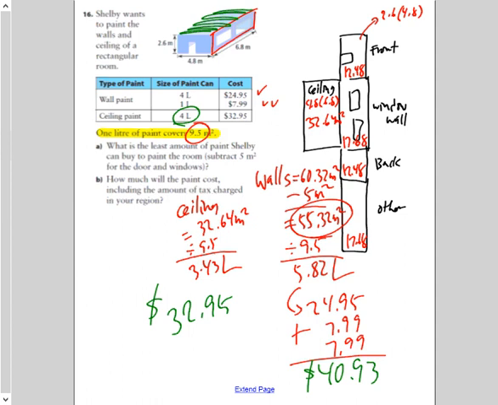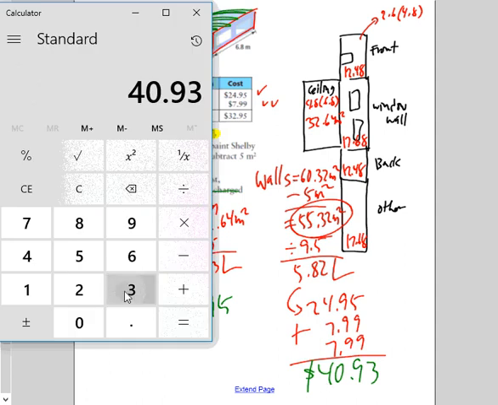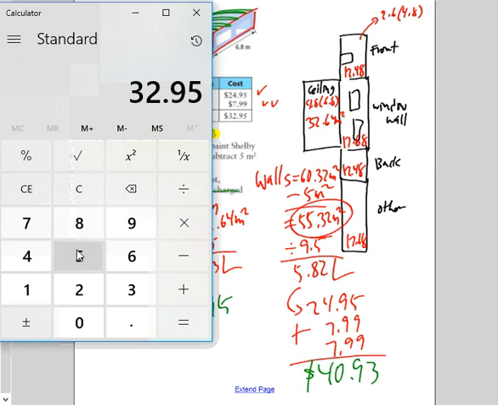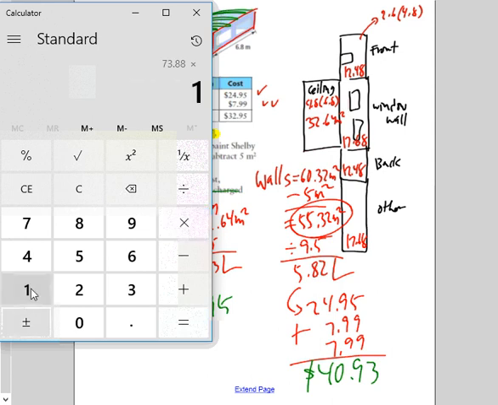So my total bill, including the amount of tax charged in your region, here's how we do it. We take $32.95 for the ceiling paint and add to that $40.93. The total before tax is $73.88. Now, does anyone remember how I calculate sales tax of 15% with one go on the calculator? What if I multiplied it by 1?